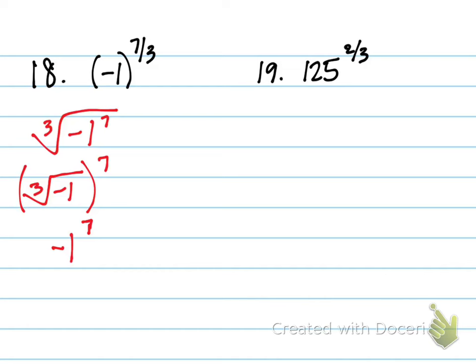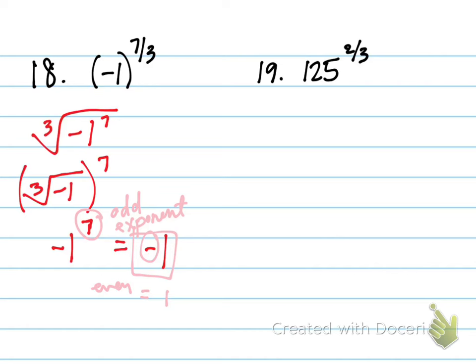To the 7th power, that would still give me a negative 1. The reason why I know it's negative instead of positive is because this is an odd exponent. So if it's odd, then this stays negative. If it were an even exponent, then it would equal a positive 1. So since the 7th power is odd, it stays a negative answer.